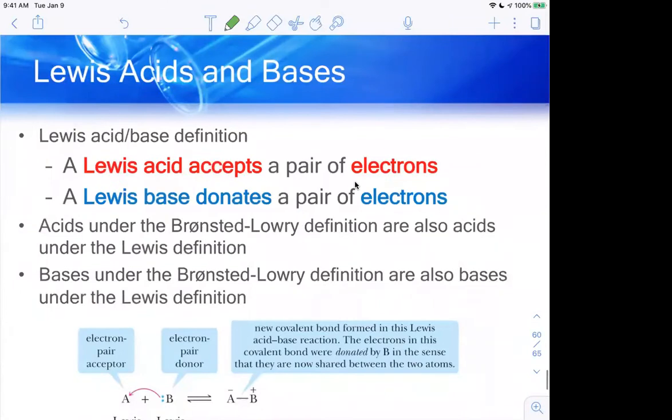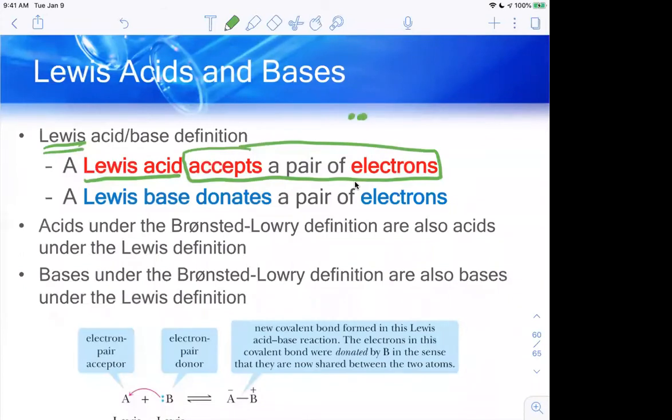All right, one last section in this acid-base chapter. There is another definition of acidity and basicity: the Lewis definition. Here's the difference: a Lewis acid accepts a pair of electrons. I'm looking at the lone pair here, not H+.